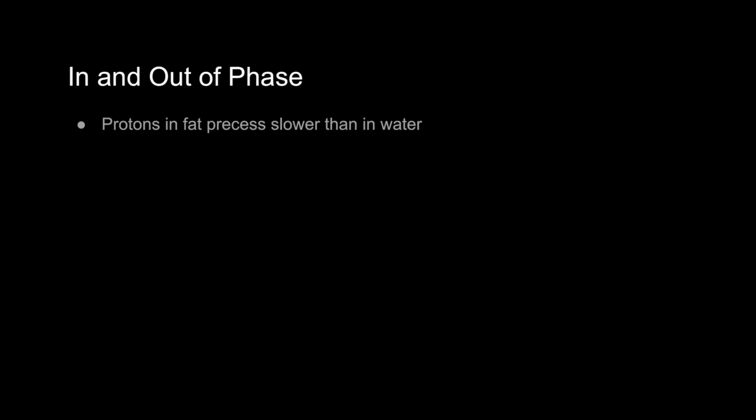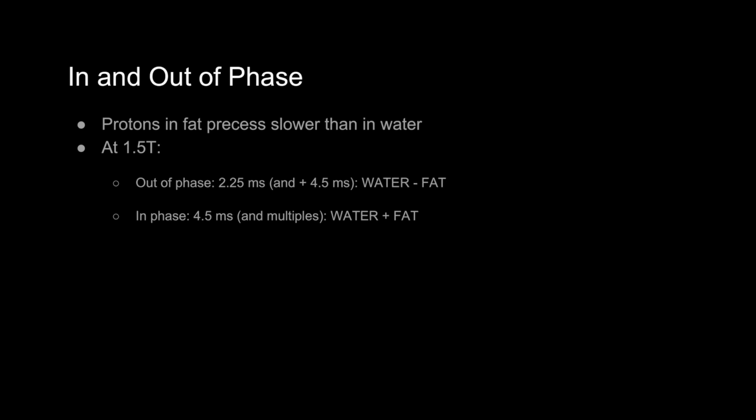And there are going to be times when they oppose or are opposite in directions or are out of phase and subtract from one another. This is the principle of in and out of phase imaging. Out of phase imaging displays water signal minus fat signal, or the difference in the two. And in phase imaging displays water plus fat, or the additive signal of the two.